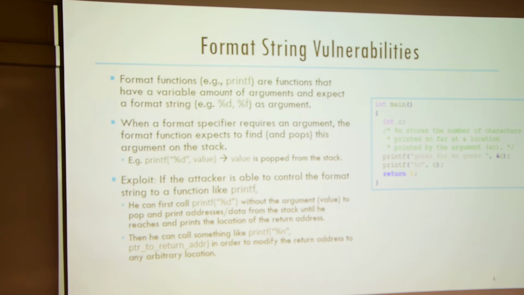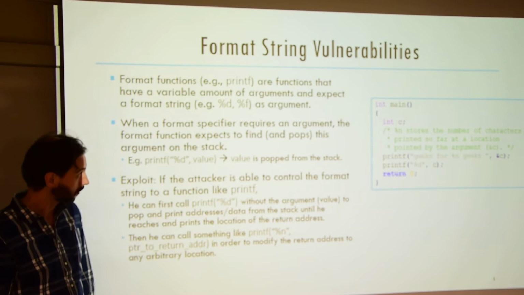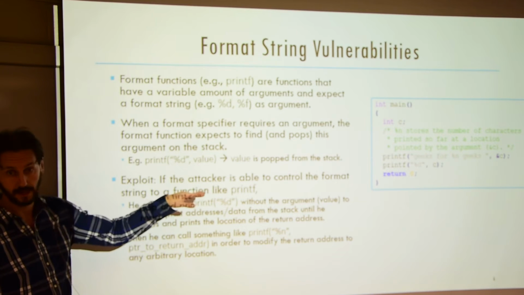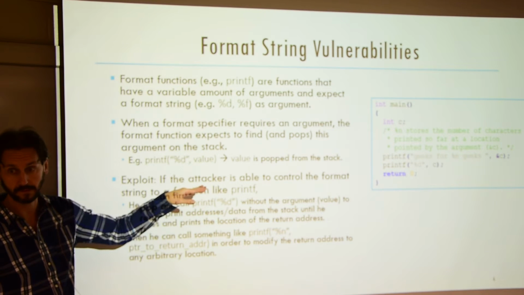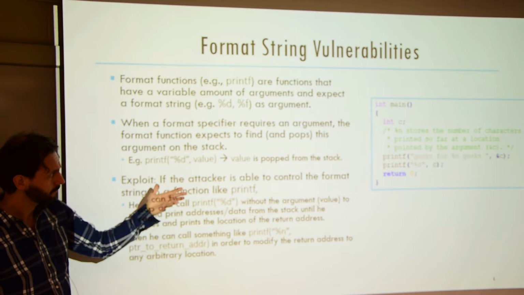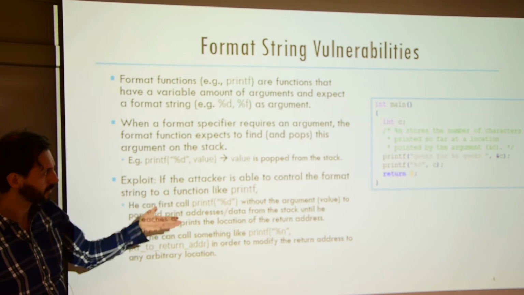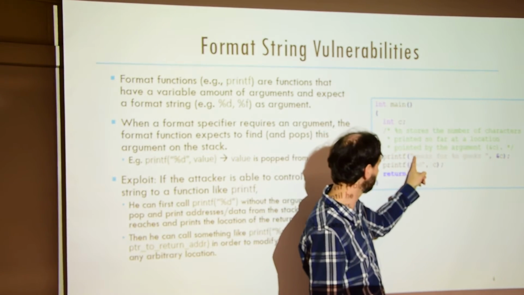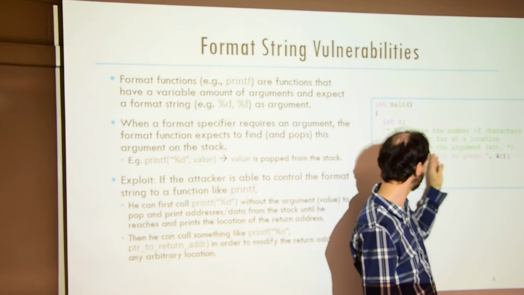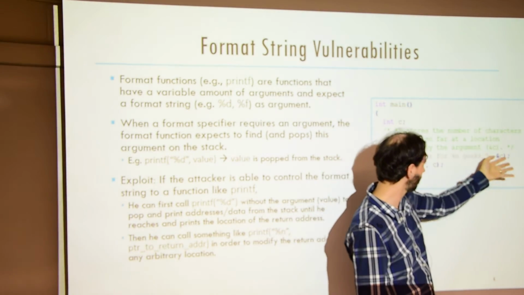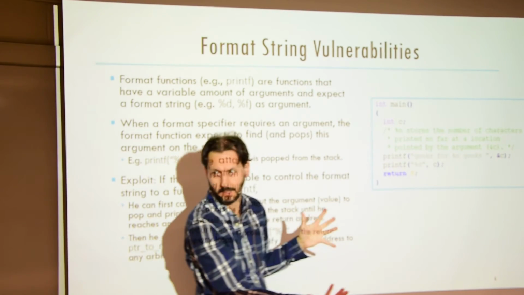The format string vulnerabilities are very interesting also. Now, if you have printf and scanf functions in C, right? Well, what does it expect? Actually, the specification just expects to see literally a string, a whole bunch of characters and something of a certain format, a string format.